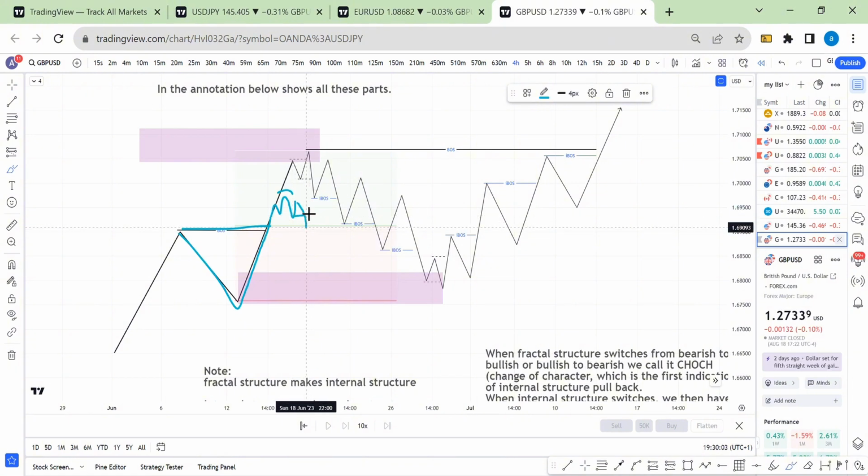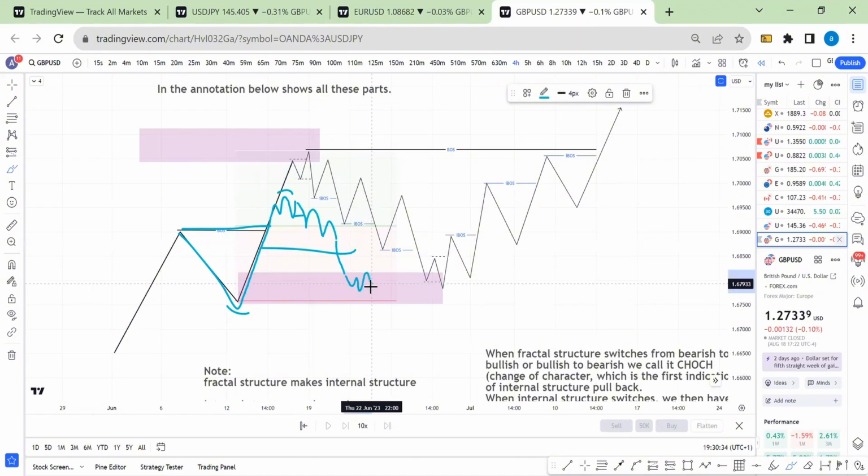So you can keep trading this internal break of structure until you get to the discount of this structure zone, the swing structure leg. When you get to the discount of it, you stop looking for shorts, then you focus on buys. So when price gets into your sub demand zone, you look for a fractal structure switch again, something like this.